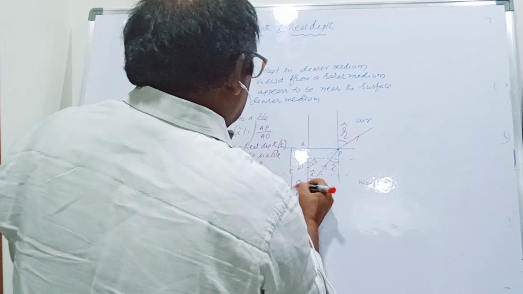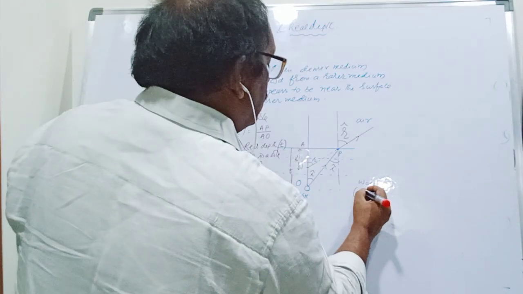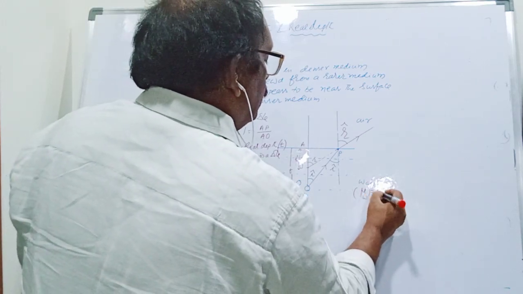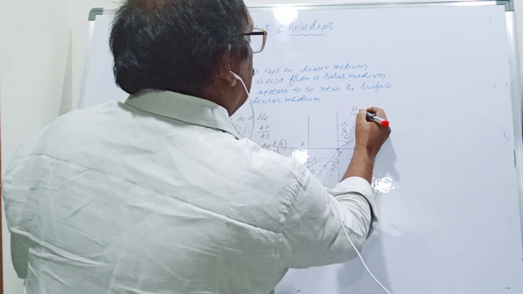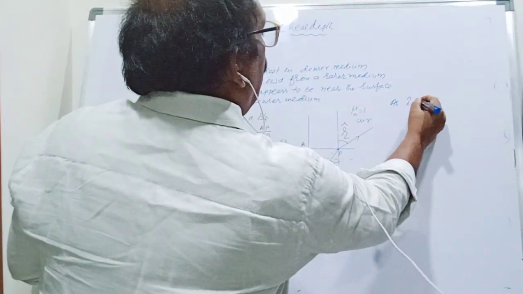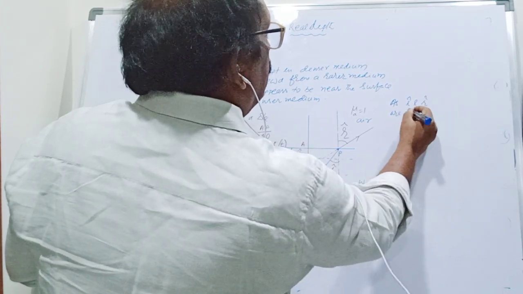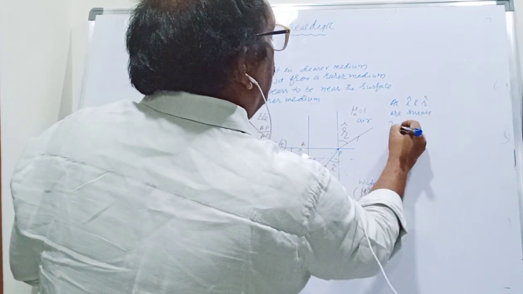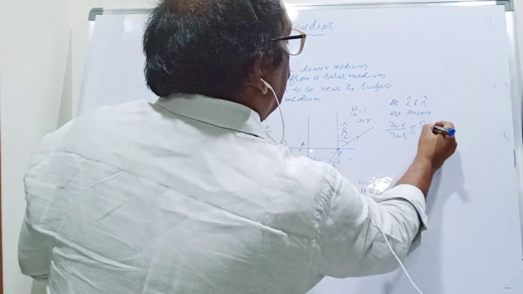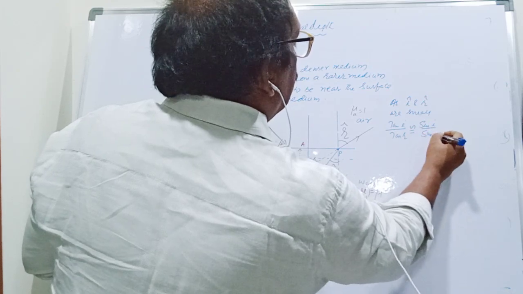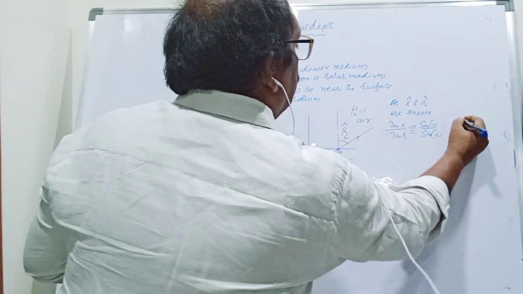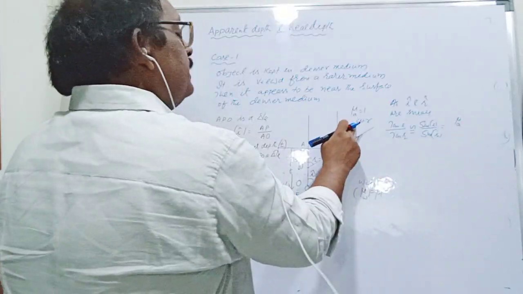The refractive index of the denser medium, water, I call it mu. The refractive index of air is equal to 1. As I and R are small in magnitude, tan I by tan R is nearly equal to sin I by sin R. That should be equal to the refractive index of air with respect to water, because the refracting ray is present in air.